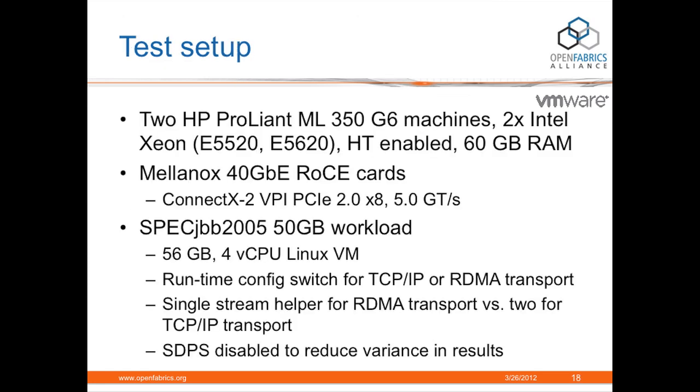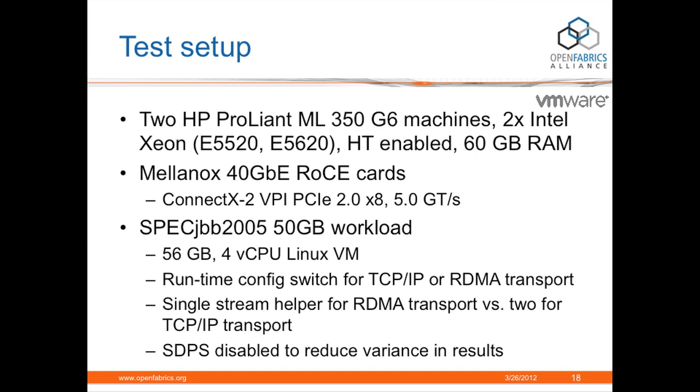We'll describe the performance results we got with the test setup we had. Nothing spectacular, just off-the-shelf hardware: 2 ConnectX-2 Mellanox 40 gig RoCE-capable NICs. For the benchmark, it's a 60 gigabyte host, and we created 56 gigabyte virtual machines with 4 vCPUs.